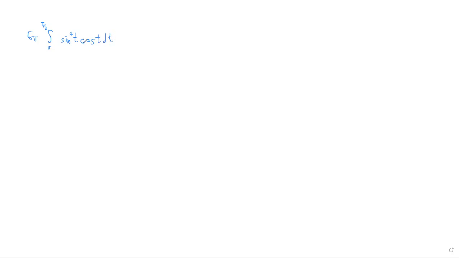All right, so the derivative of sine t is cos t, so let's use our u equal to sine t. And du is cos t dt. Okay, so we have this. And now we're going to plug the u substitution in. So 6 pi.